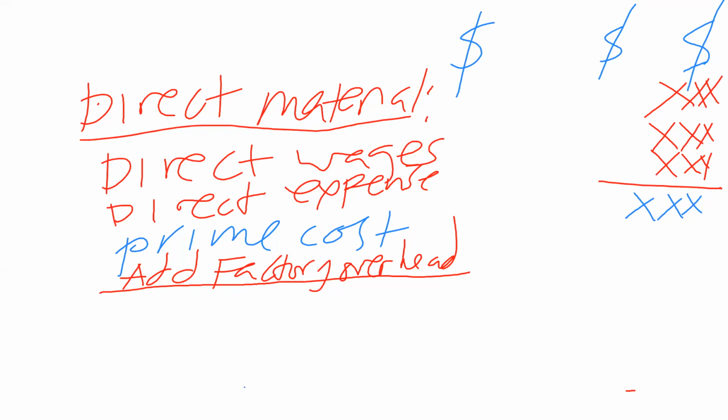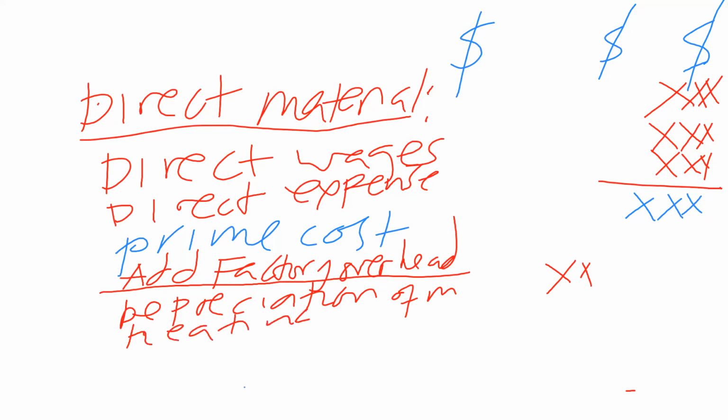Some of them that I can include would be depreciation of machinery in the factory. Just write that in the second column. Depreciation of machinery, you write. Then you can also write lighting and heating.